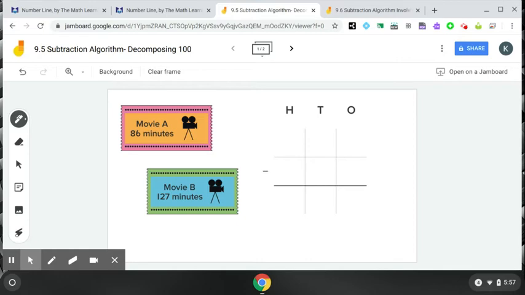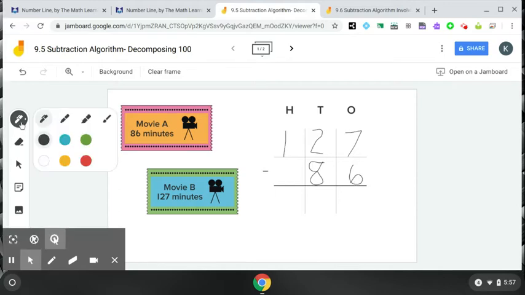The length for movie A or movie B? If you chose movie B, you're right, because the larger number has to go on top in any subtraction algorithm. And we're going to compare it with the length of movie A. So there's our number sentence.